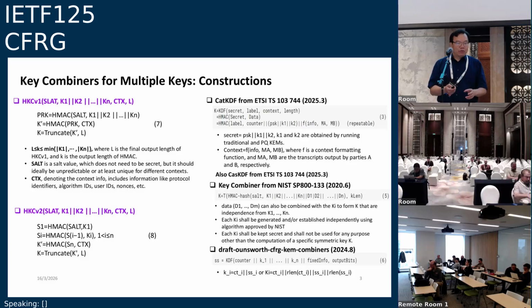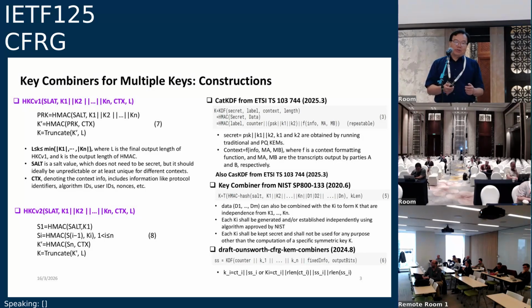Here is a quick look at what our scheme looks like. On the right side is a comparison with currently available solutions from standards and IETF drafts. The first one utilizes concatenation, which is useful if multiple keys are available simultaneously.